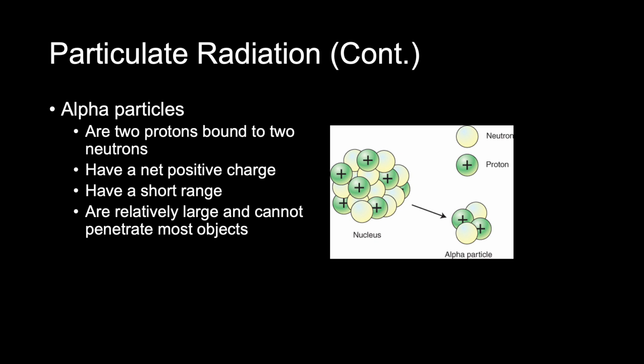When an alpha particle picks up the 2 electrons, it becomes a neutral helium atom. So in this picture, you can see an alpha particle is composed of 2 protons and 2 neutrons, the same makeup as the nucleus of a helium atom.